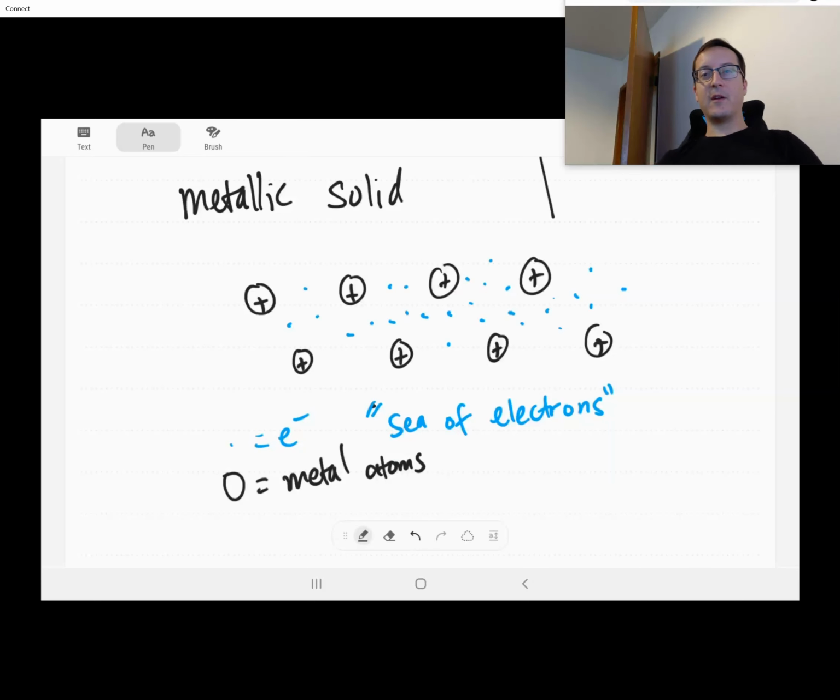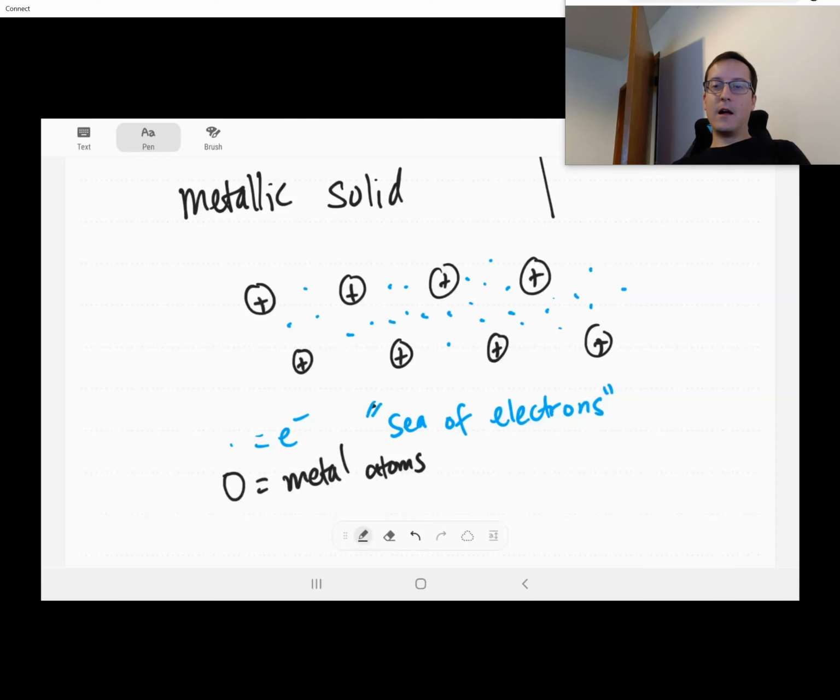So we have three types of solids: covalent solids, metallic solids, and ionic solids. Any of those can be crystalline, and any of those can be amorphous. Typically, ionic solids are going to be more of the crystalline sort, but it is certainly possible to have all of these in different ways.